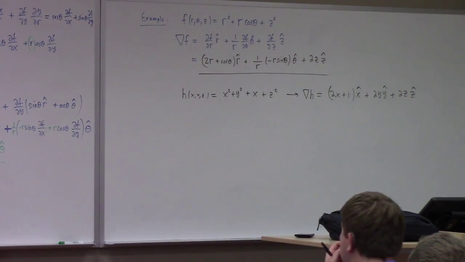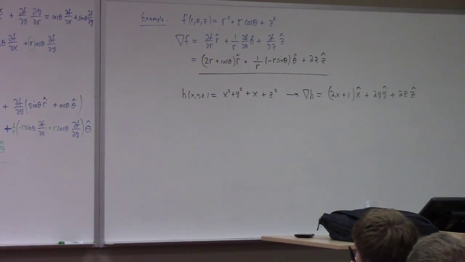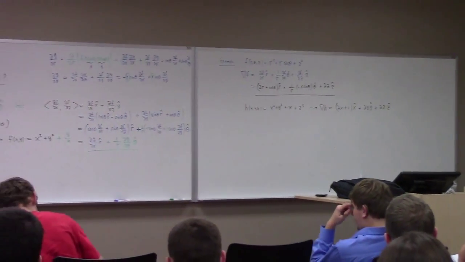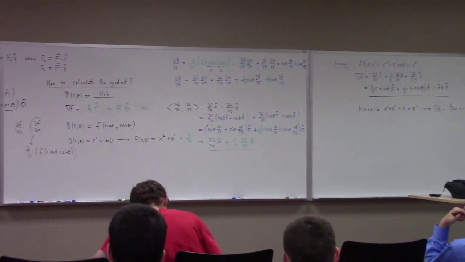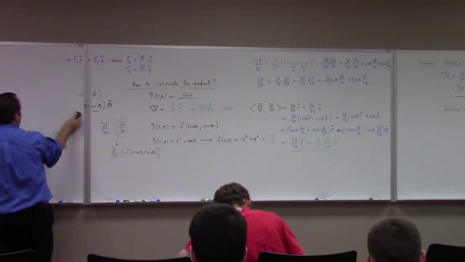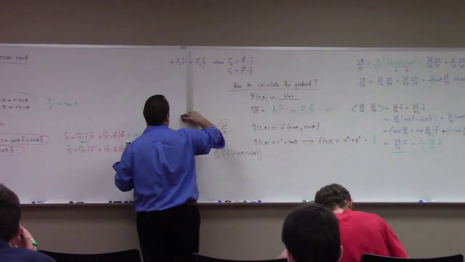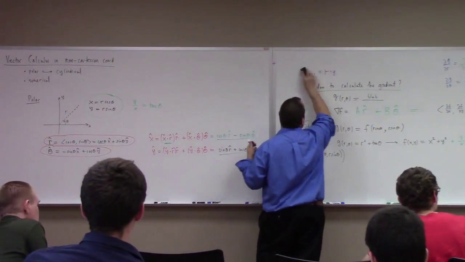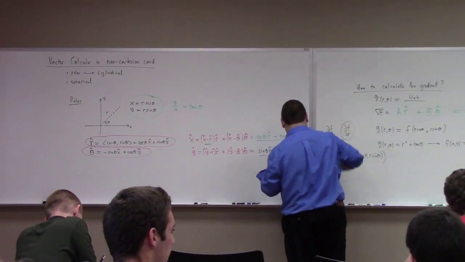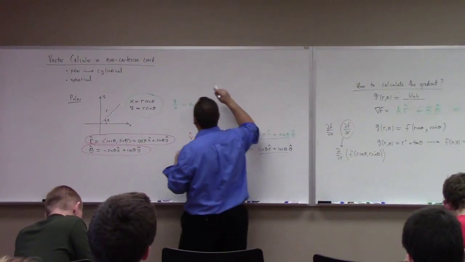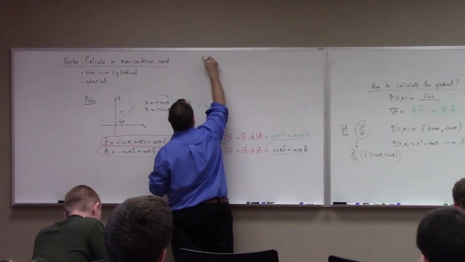Here's what I typically do if I test on this. My typical move is something like this, you guys. Here's a typical question. It's kind of rude, but it serves its purpose.